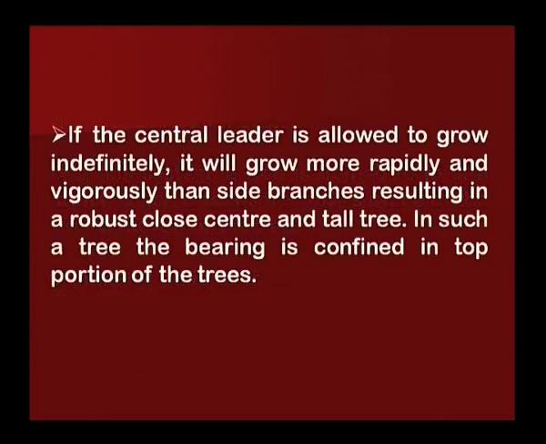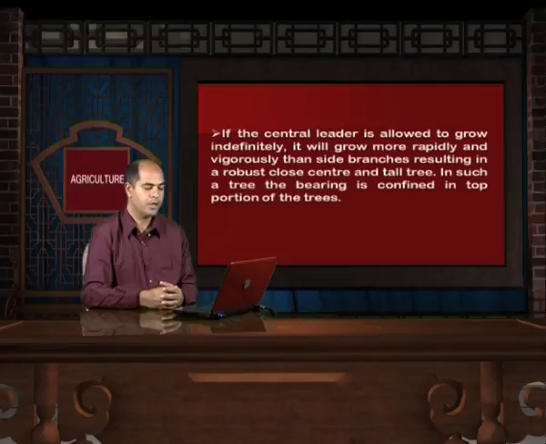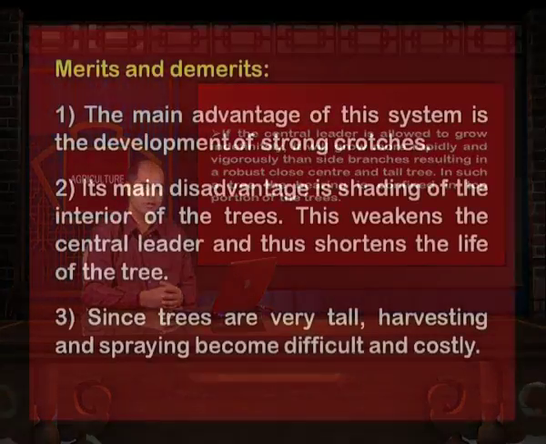If the central leader is allowed to grow indefinitely, it will grow more rapidly and vigorously than side branches, resulting in a robust, close center and tall tree. In such a tree, the bearing is confined to the top portion of the tree.